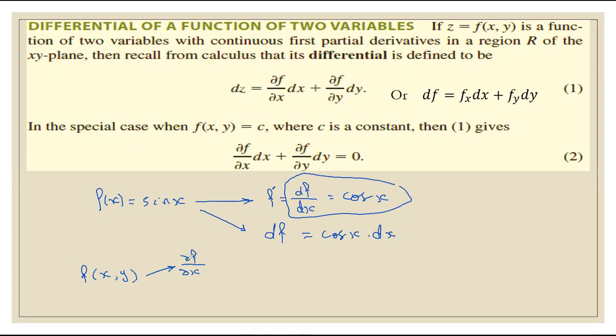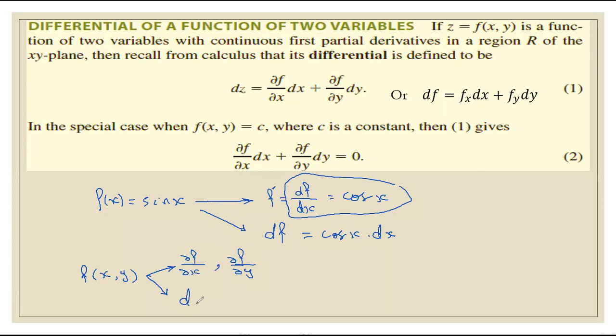And look at the notation of the partial derivative. And also there is partial derivative with respect to y. Those are the partial derivatives. What about the differential? My function has two variables and I can easily find its differential.